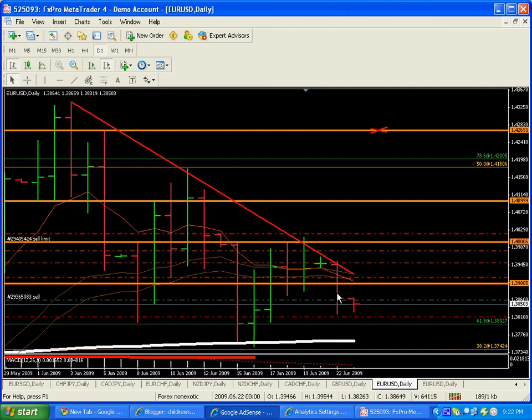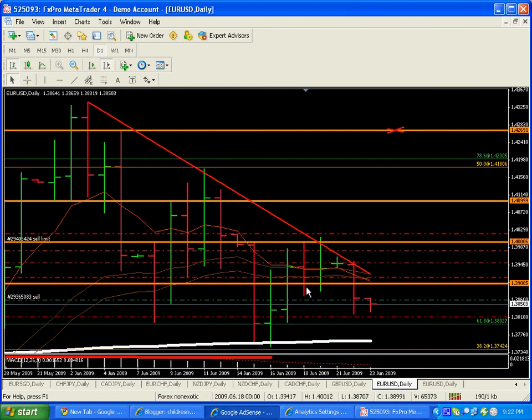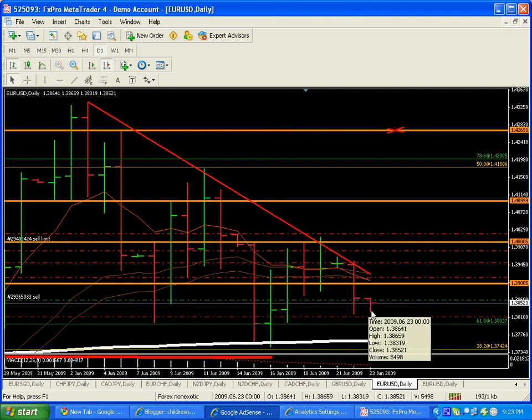On this currency, euro dollar itself, I do not see any trading opportunity. Very clean, but the price probably would try to rise up today and find resistance at 1.39, and we can probably short it at 1.39 to 1.3850 again for the movement of this bar tomorrow that's starting to form right now.